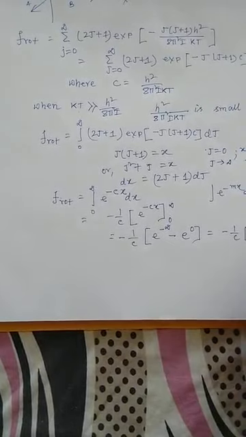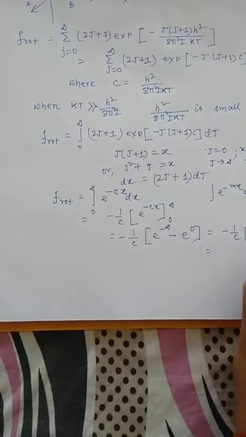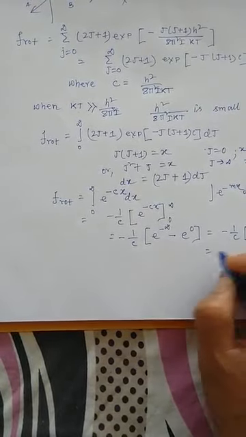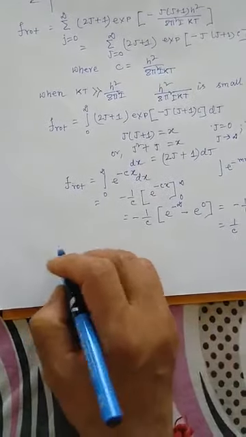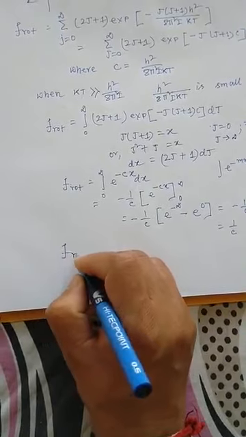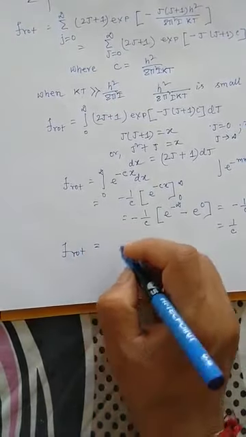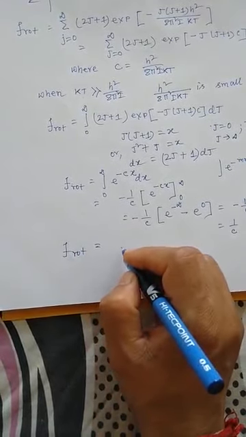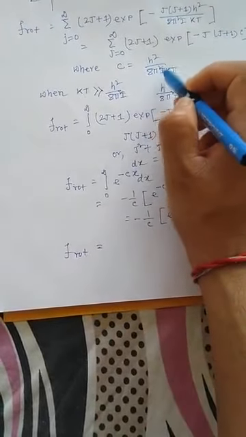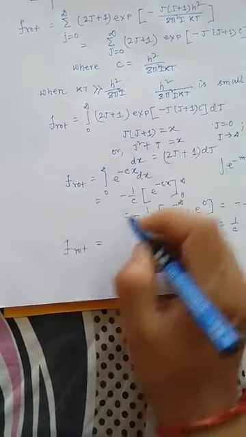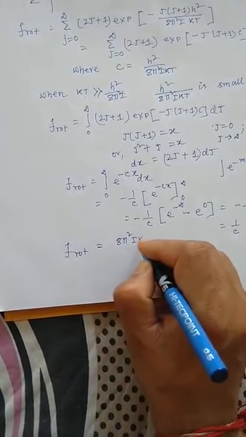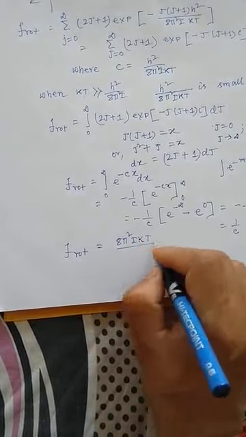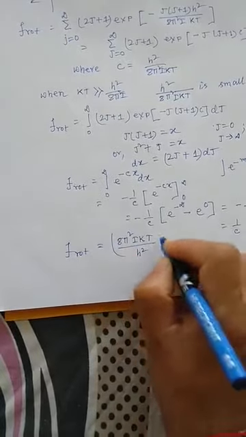We know that e to the power minus infinity is 0, and e to the power 0 is 1. So the two minus signs multiply and it becomes 1 upon c. Substituting the value of c, which is h square by 8 pi square I kT, 1 upon c means 8 pi square I kT by h square.